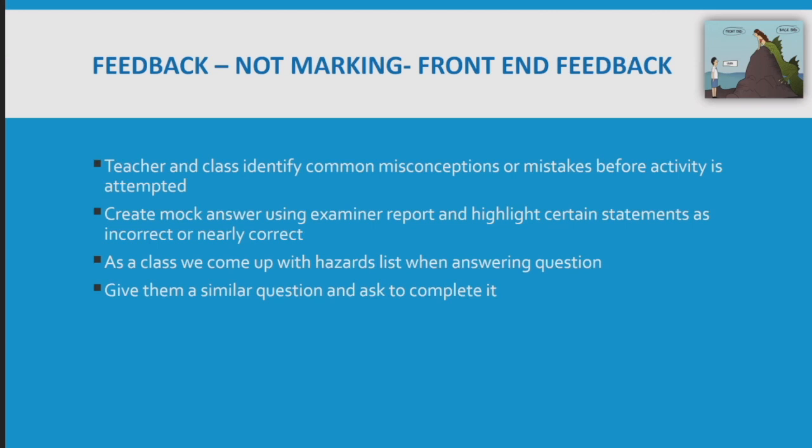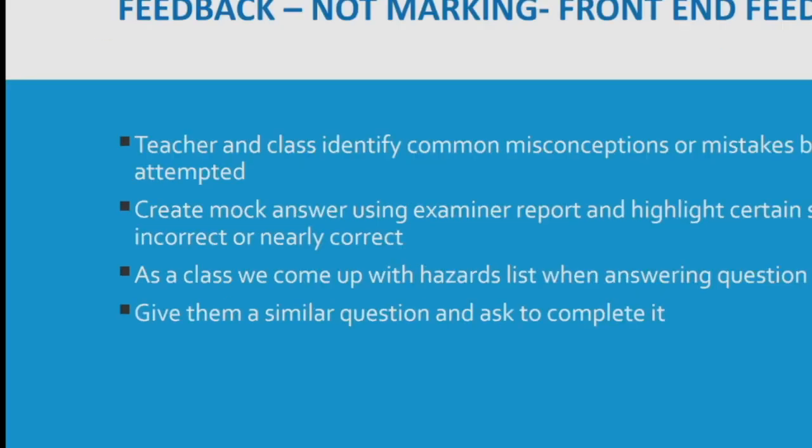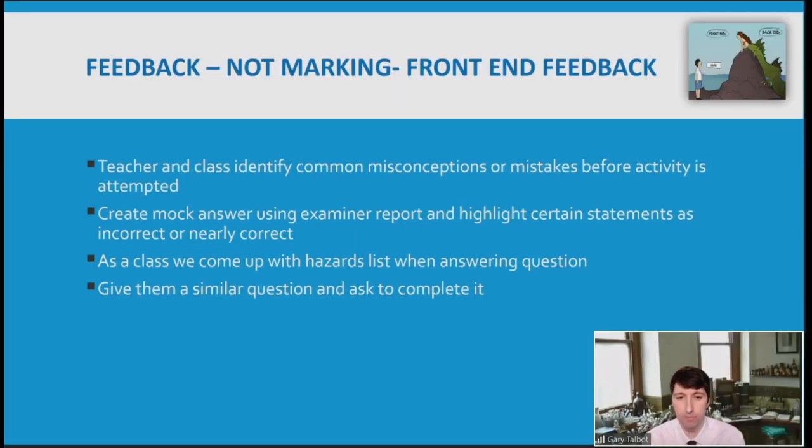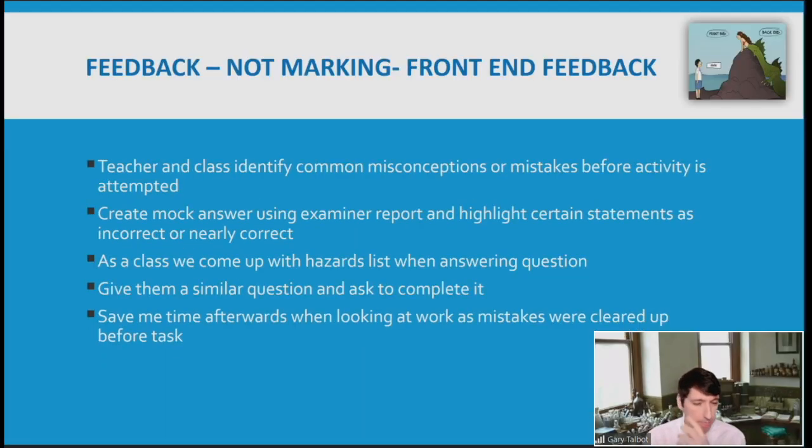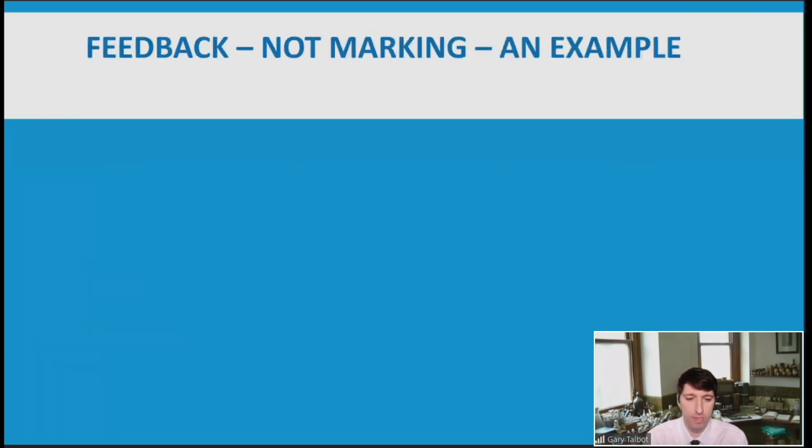So when we came to mark the work, it was a lot easier and quicker because the students hadn't made those mistakes in the first place. It's kind of front ending it and making sure the mistakes weren't made. That used to save me a lot of time writing the same comments in student books for the mistakes that commonly occur throughout the work.